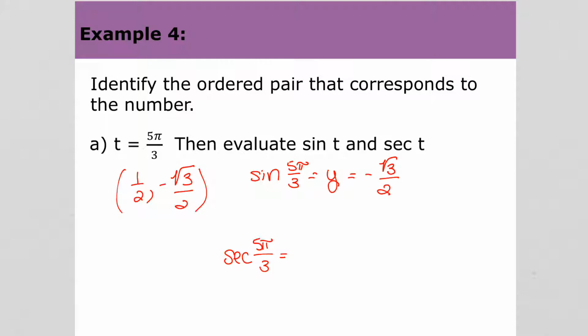So sine of 5 pi over 3 is negative root 3 over 2. The secant is 1 over x. So that's 1 over the x value, which is 1/2. Flip and multiply, we get 2. So that means that the secant of 5 pi over 3 is 2. You can find all 6 trig functions of any point along the unit circle just using your identities.